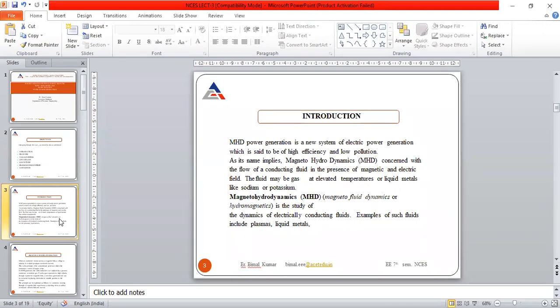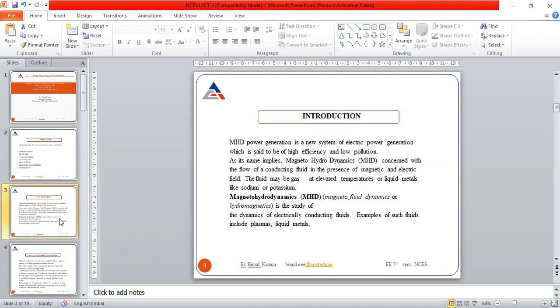So in the case of the conventional generator, whenever a coil placed between the north and south pole rotates, it will cause d phi by dt, and in that case, EMF will be induced across the coil or across the conductor. But in this particular case, what will happen?